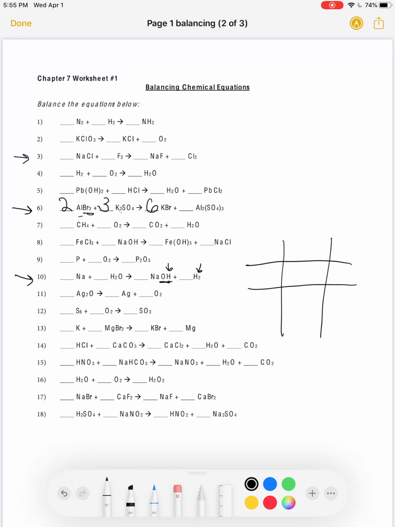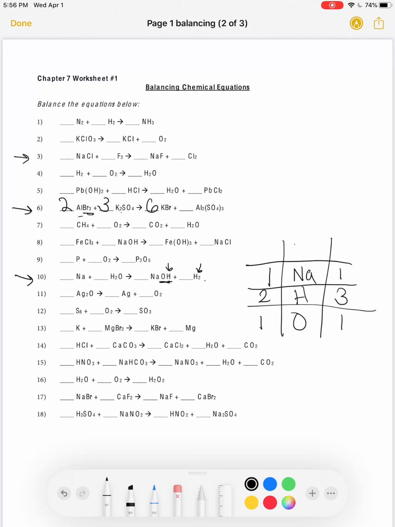So we have sodiums, we've got hydrogens, and we've got oxygens. And I think that's all we got. So we have a sodium, we've got 2 hydrogens, and 1 oxygen on my left-hand side. On my right-hand side, I have 1 sodium, I've got 1 oxygen, and 1 plus 2, which is 3 hydrogens.